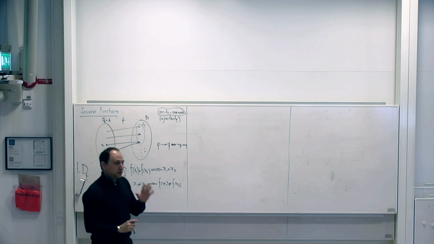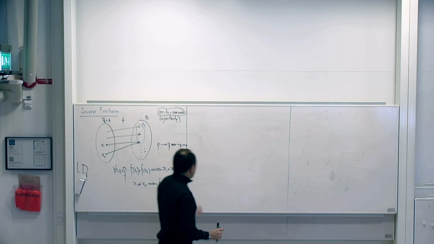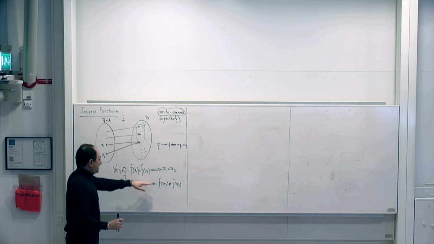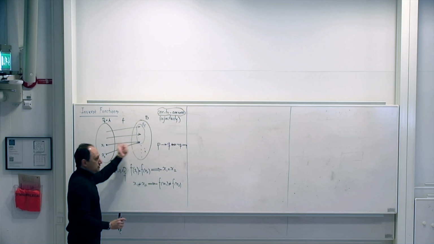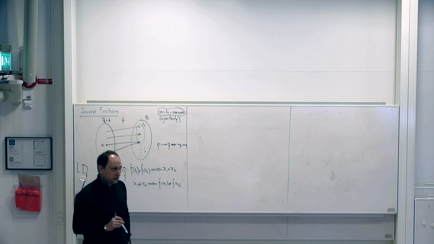So if someone asks why we really need the notion of one-to-oneness, it is because we want to construct the inverse function. If the original function is not one-to-one, there is no guarantee that when I reverse the arrows, I am ending up with a function. Is that clear, everyone?